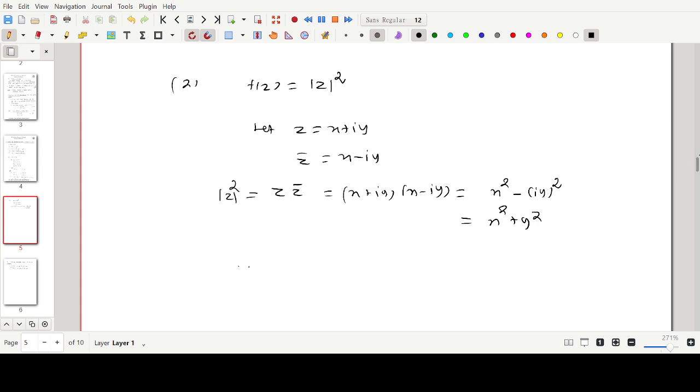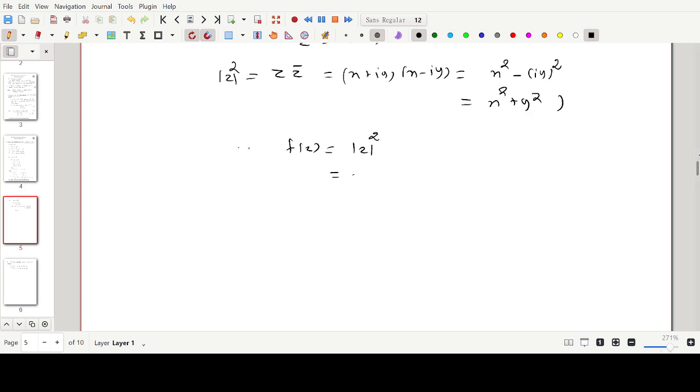So here by the basic things we can write what is our f of z. Here f of z is nothing but mod z square. What do you mean by mod z square? It's nothing but x square plus y square. It is f of z. You know already u plus iv is equal to x square plus y square.